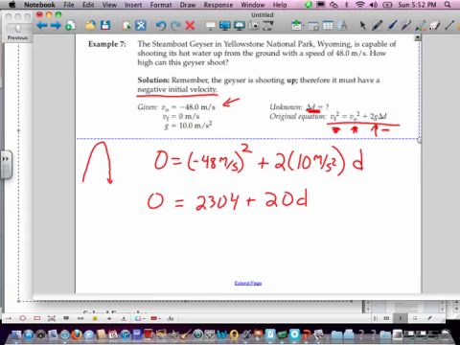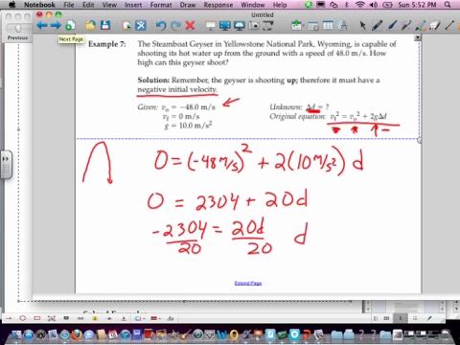So let's take that to the other side. Negative 2,304 equals 20d. And if we divide both sides by 20, d is going to equal negative 115 meters.